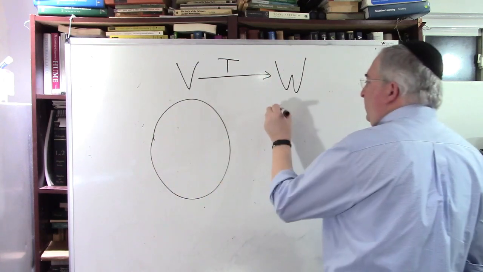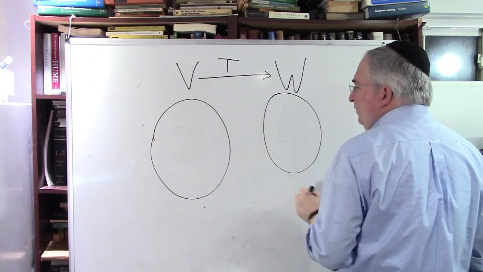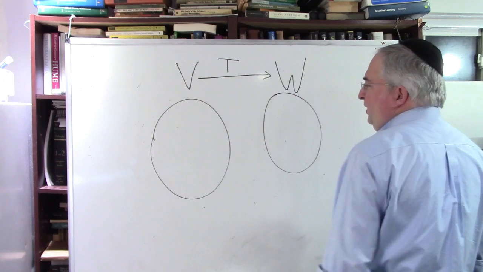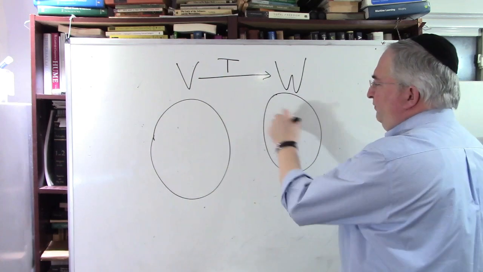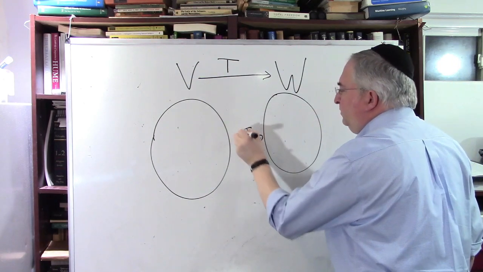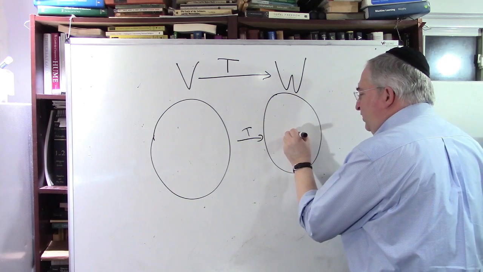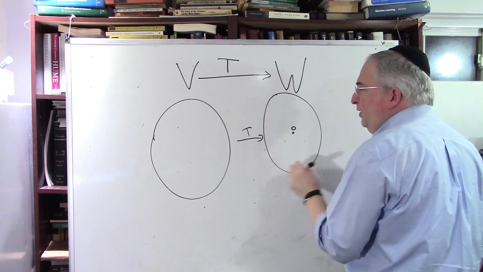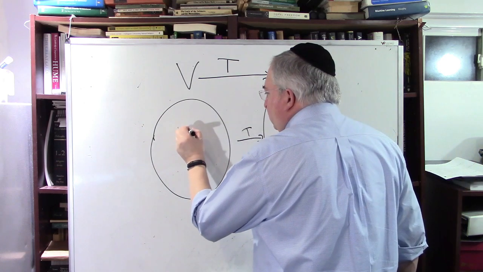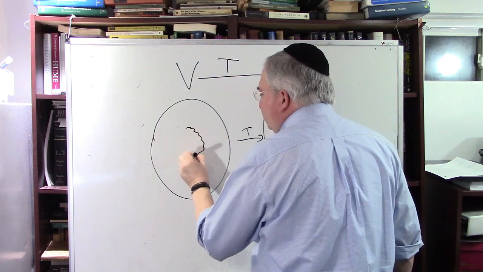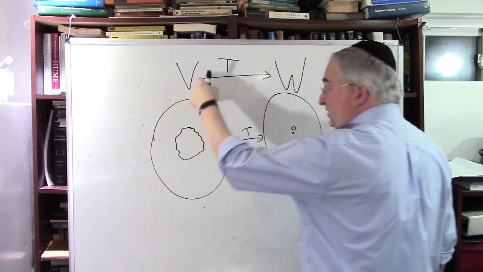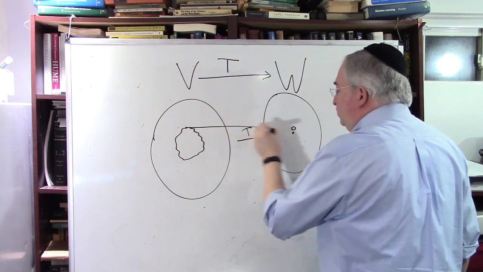So this is V, and this is W, and T goes from here to here. There's a particular element here called 0. Let's look at the subset of elements of V that go to 0.